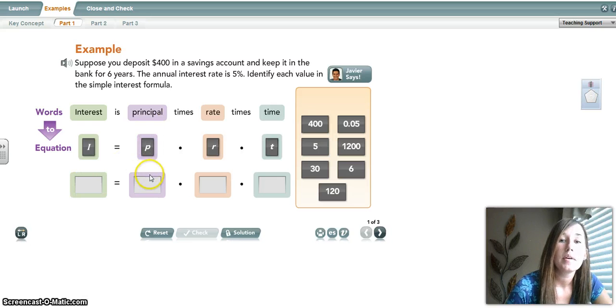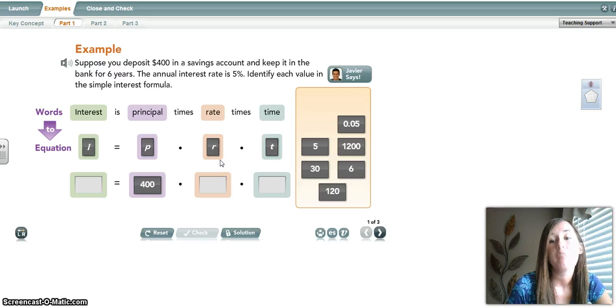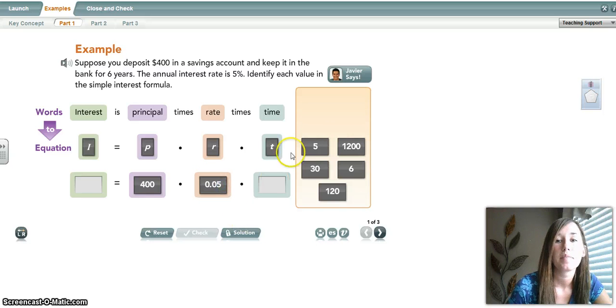The principal is the amount of money that you begin with. So we deposited $400. The rate is the annual interest rate of 5%. Now we wouldn't just use 5 because that's not the same as 5%, but we would use the decimal 0.05. The time must always be in years.